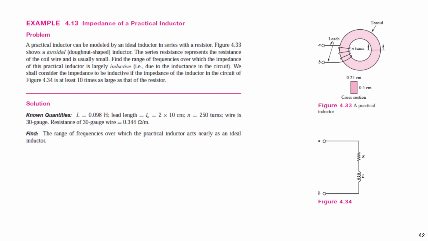And in this case, it is the impedance of the inductor. If you have an inductor with internal resistance here, we just calculate with the inductance of 0.098 Henry, and the reactance XL will be J 2 pi FL.